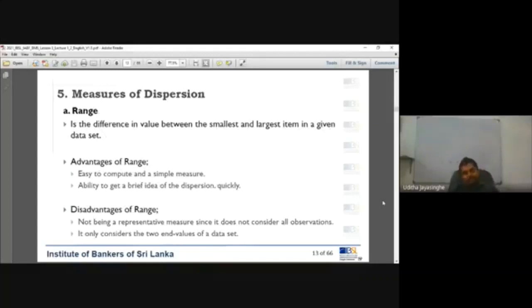Range, I don't even want to use the board here, is the difference in value between the smallest and the largest items in a given data set. Let's say in that example we discussed since the beginning of the afternoon: 7, 9, 9, 9, 10 and 11. The range will be 11 minus 7, so the range is 4.